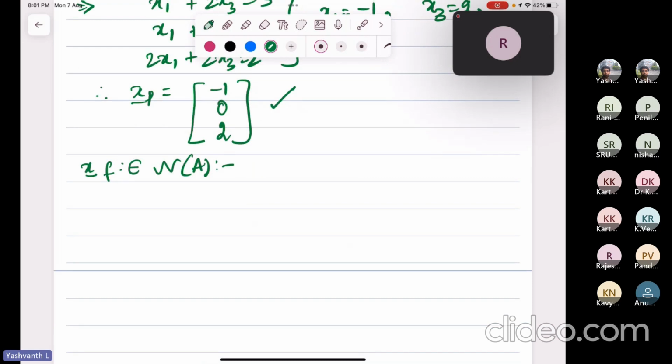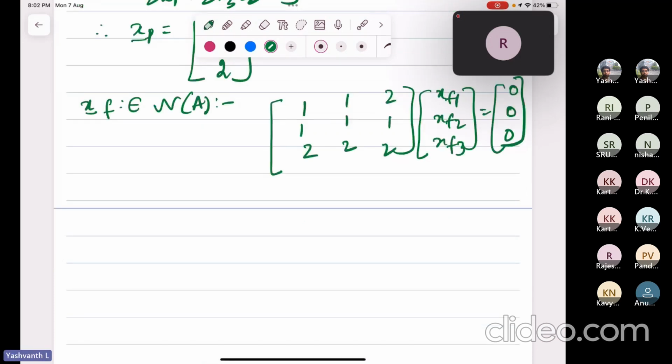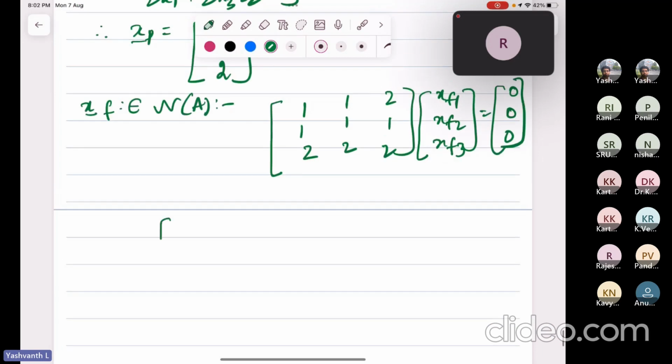Find one x. That's enough. So 1, 1, 2, 1, 1, 2, 2, 1, 2 into x of 1, x of 2, x of 3 equal to 0 vector, because that's the definition of a null space vector. You can show that one such vector which satisfies this particular equation, xf, is nothing but 1, -1, 0.